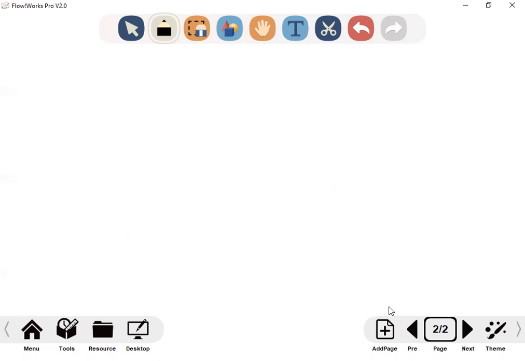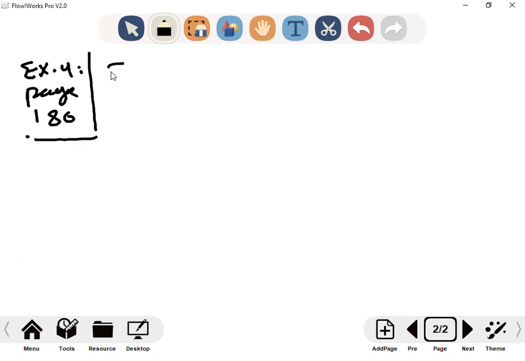So we are in example 4, page 186. The question said, examine 2x power 2 minus 10x plus 7 equals 0.